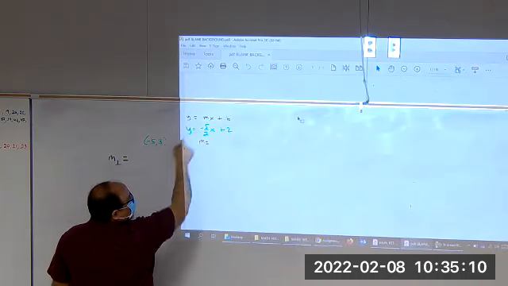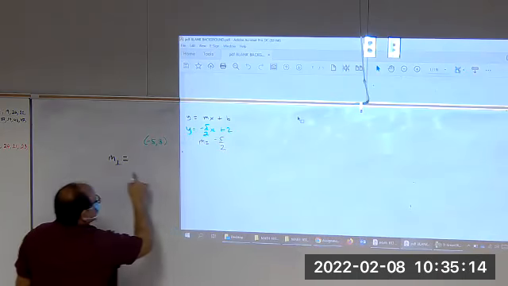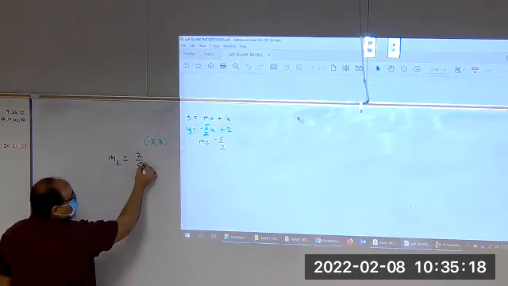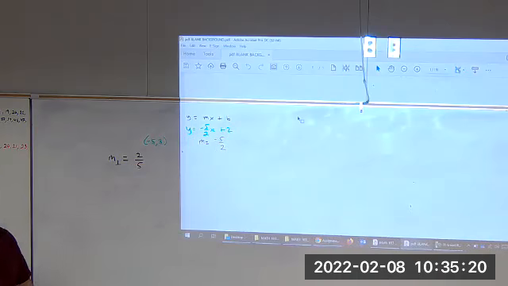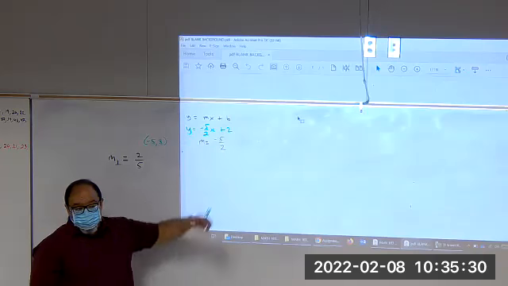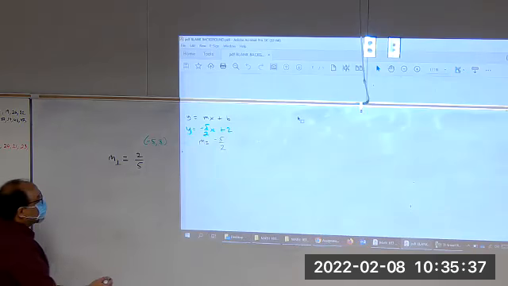Negative 5 over 2. So the slope of my line is going to be positive 2 over 5. My perpendicular is opposite reciprocal. Step 1, find the slope. If it was parallel, then I would have used negative 5 over 2. So I got my slope. It is not a special case because it's not 0 or undefined.